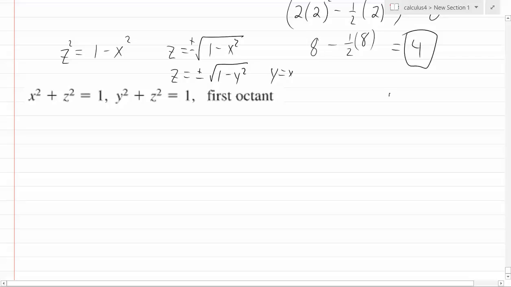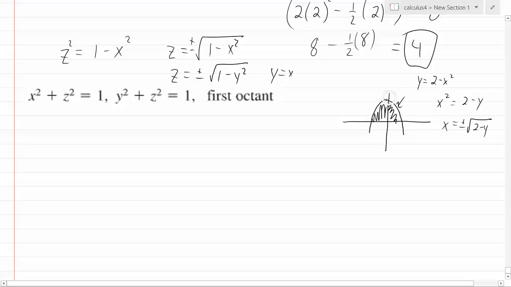Just like, and I'm going to erase this, so don't write this down, if I was wanting to find the area under this curve, the area here and here, and this was, say, y equals 2 minus x squared, if I solved for x here, I would have x squared equals 2 minus y, and x equals plus or minus the square root of 2 minus y.